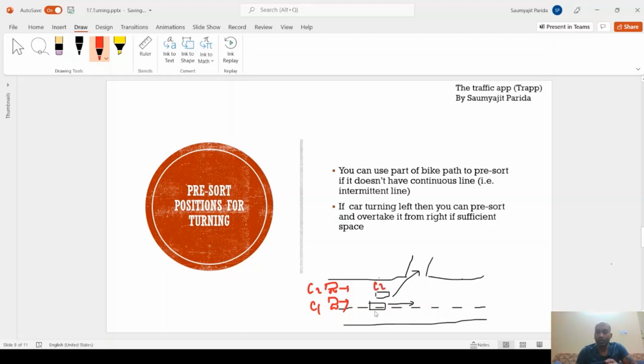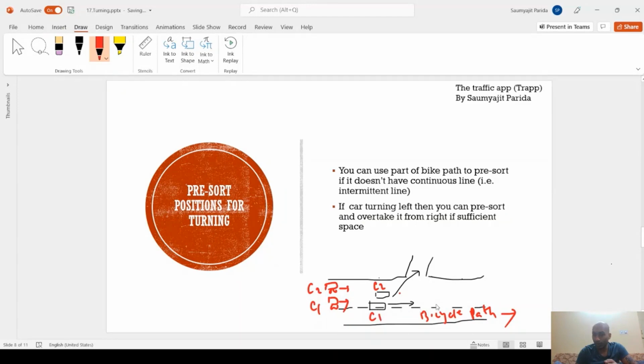Car 2 is going in this direction and car 1 is going straight. If it has already given direction to move here, and there is a little bit of lack of space, and this is a bicycle path, then car 1 can use a little bit of the space of the bicycle path.